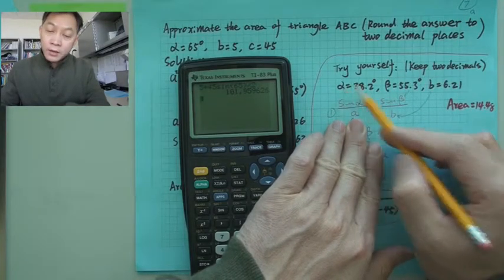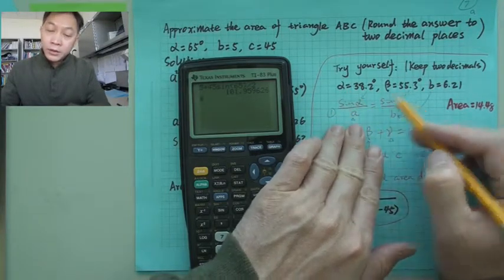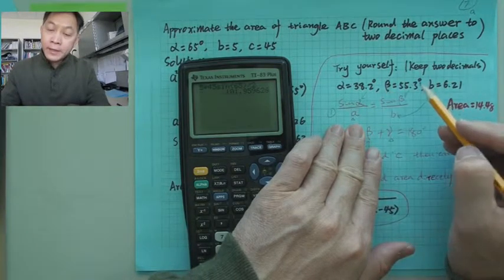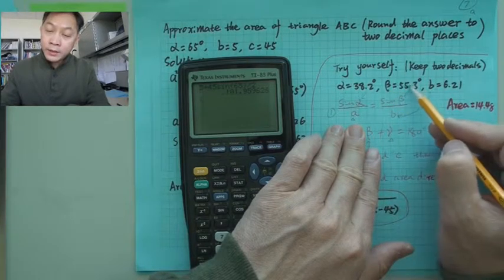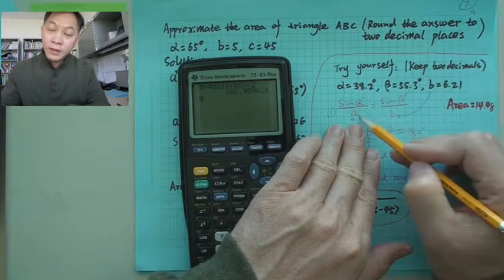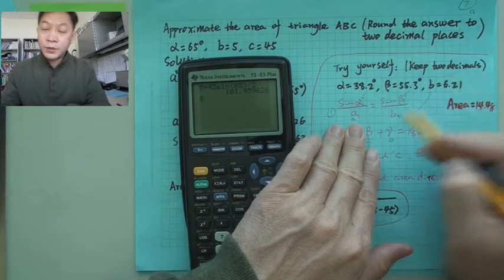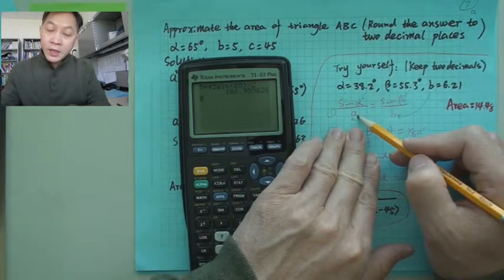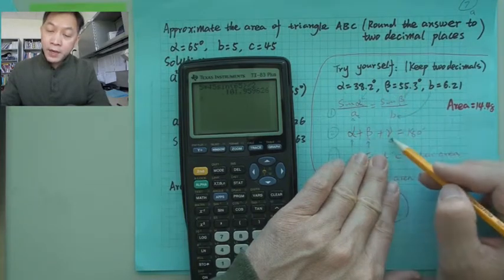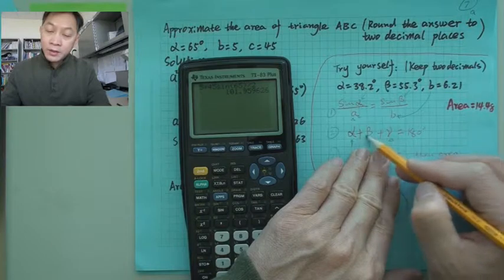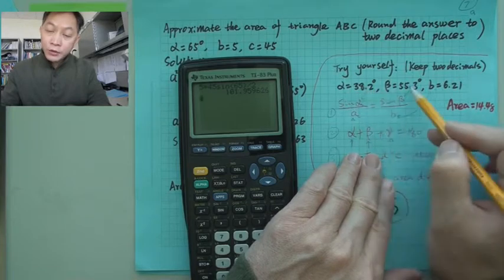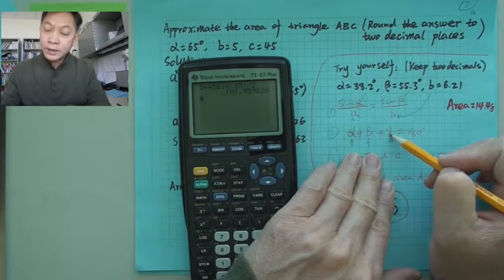You know alpha, so by the law of sine, you have sine alpha and sine beta. You put the values here. You have B, so you can find out A. Alpha plus beta plus gamma is 180 degrees. So you plug in those two values down here, you can find out gamma.